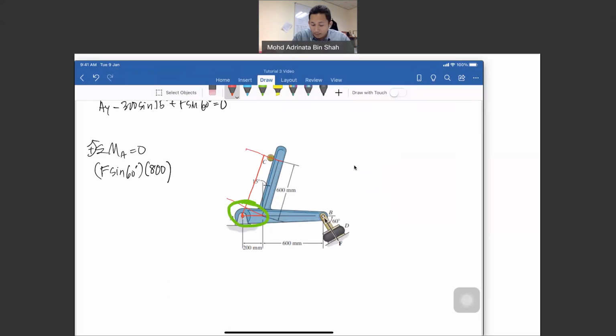And we have here 200. This one is 15 degree.